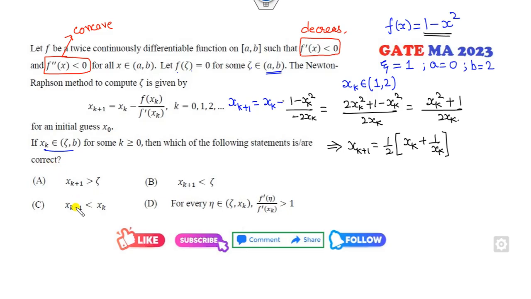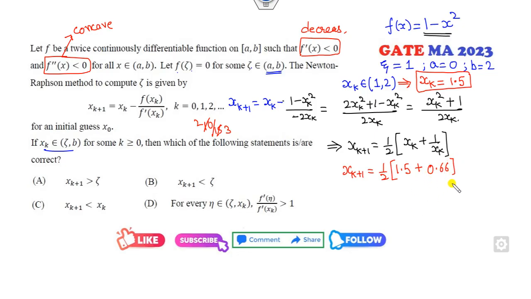Then which of the following statements is correct? Now you can see I can choose any xk in between them. So I can choose xk as 1.5. What is xk plus 1? It is half of 1.5 plus 1 over 1.5, which is 0.66.